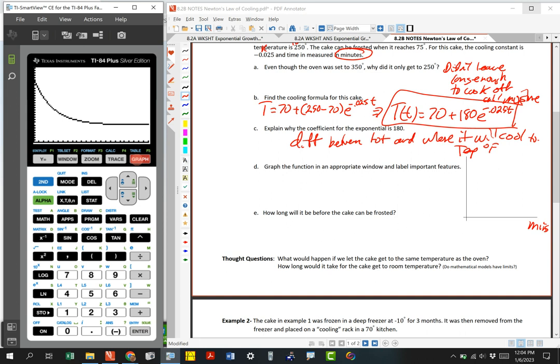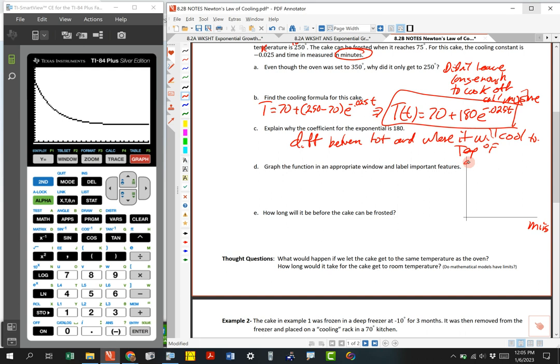Has everybody got this in there? Okay, here's the question. Don't answer right now. Without looking on your calculator, hitting trace, this is kind of leveling off. Where is it leveling off? Andy? 70 degrees. Why? Because that's the room temperature. Very good.